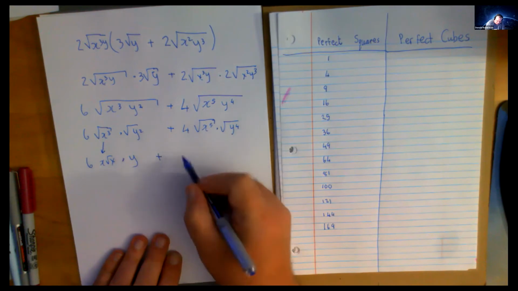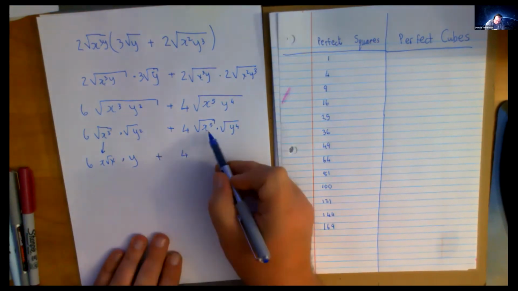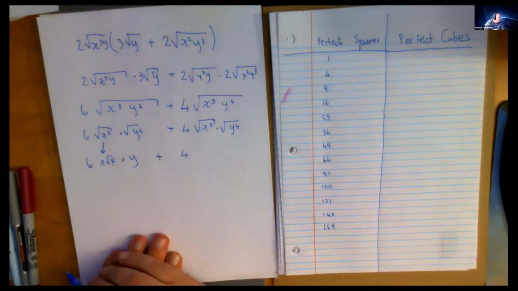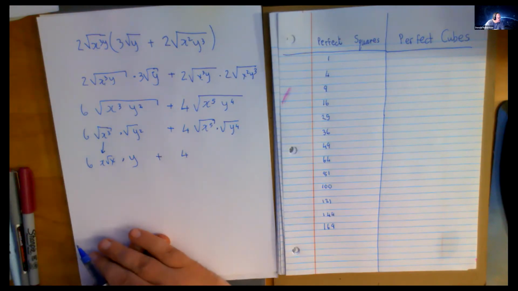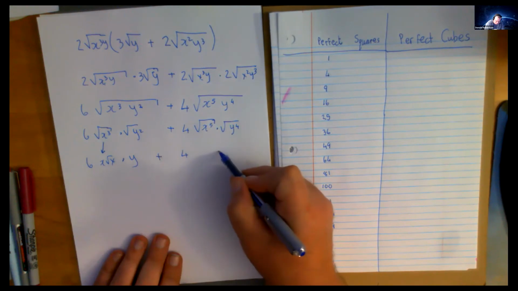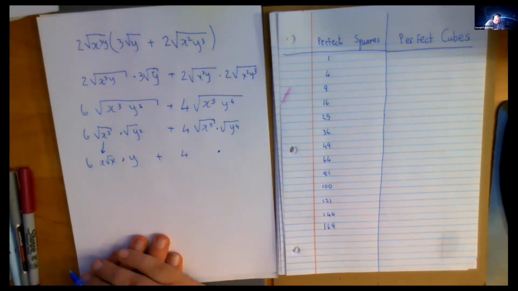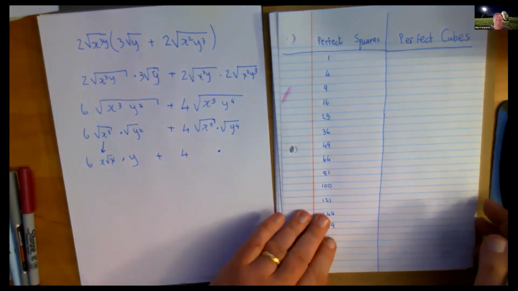Now, what about this fella? 4 square root of x to the 5. That does come out of something, doesn't it? X to the 5. Any ideas? X squared is the square root of x.